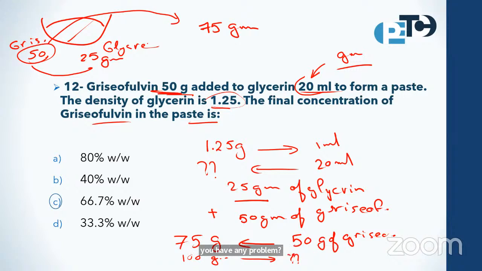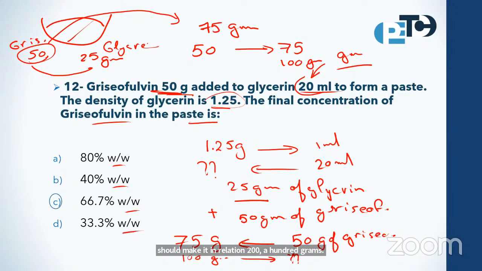What is the concentration in this case? 50 present in 75. In order to get the percentage, we should make it in relation to 100 grams, the percentage weight per weight. Okay, so make the 75 as a 100. Now, the 50 becomes what? Just crisscross. You will get the answer, which is 66.7%.